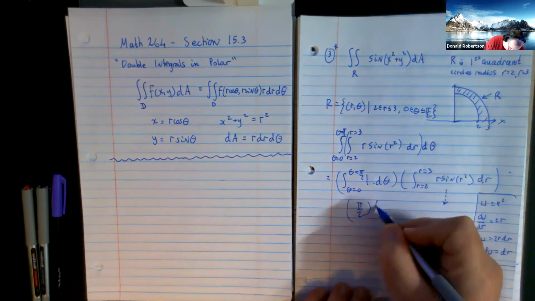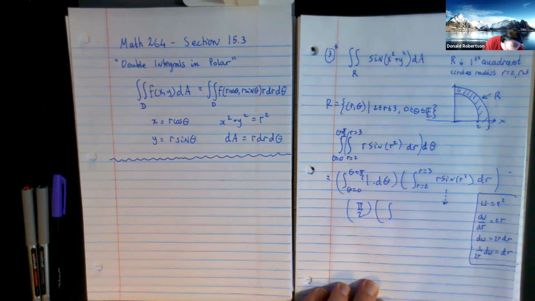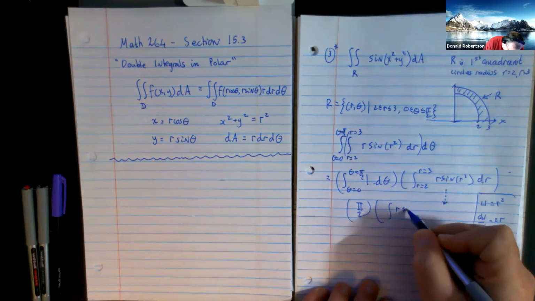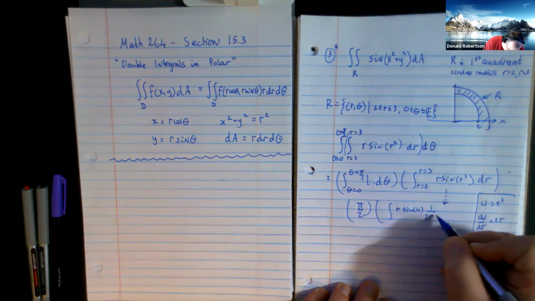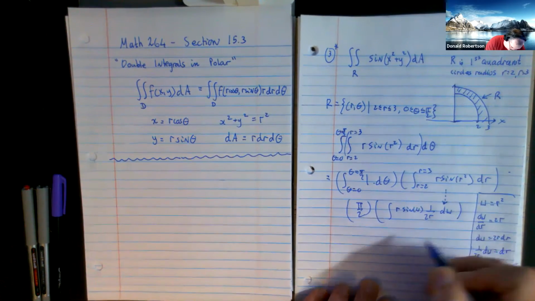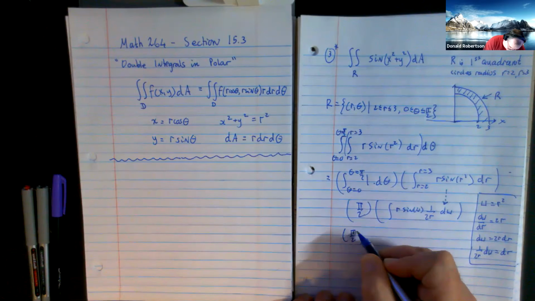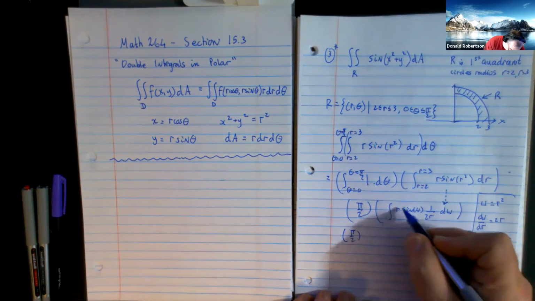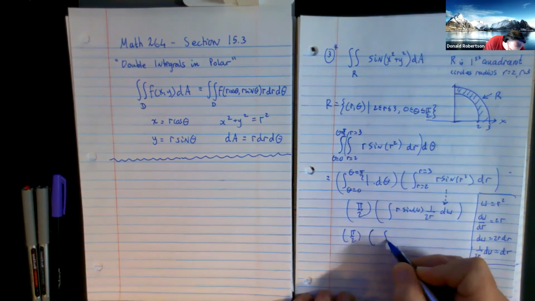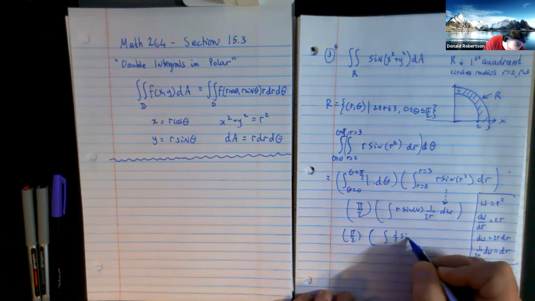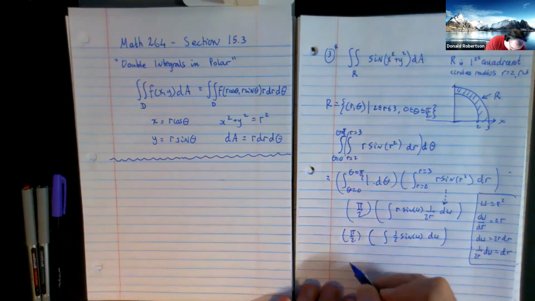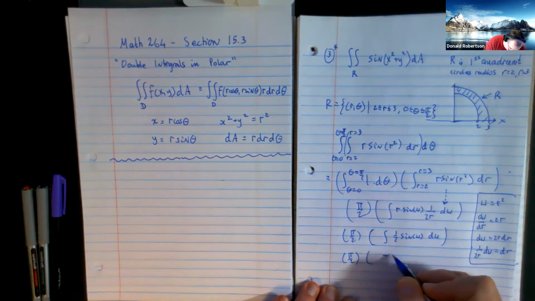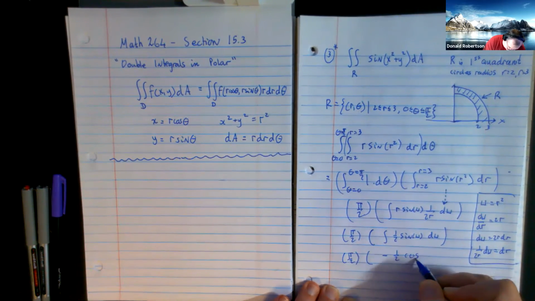So this integral now essentially becomes an r, a sine u, a 1 over 2r du. This cancels, and we get the integral of a half sine u du, which in turn becomes negative 1/2 cosine u.